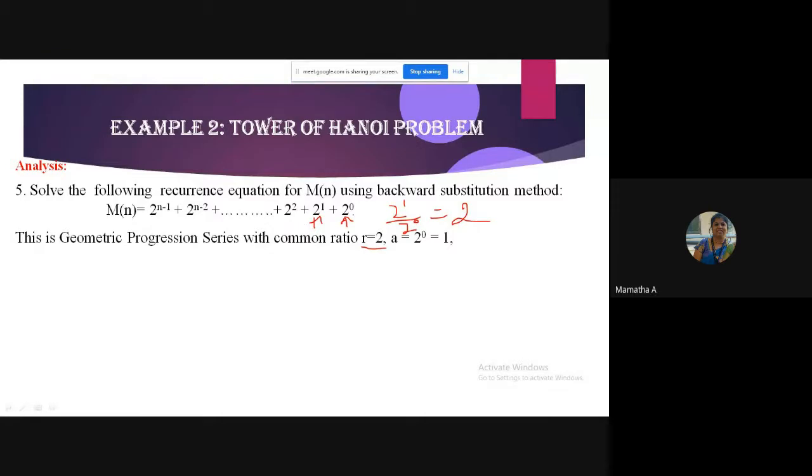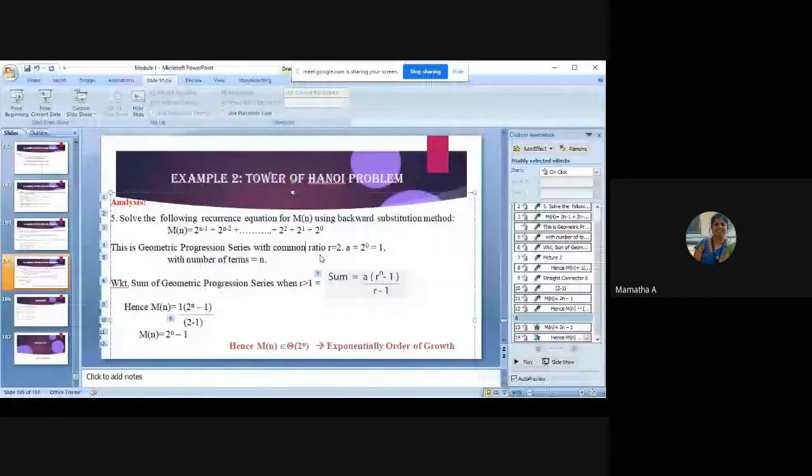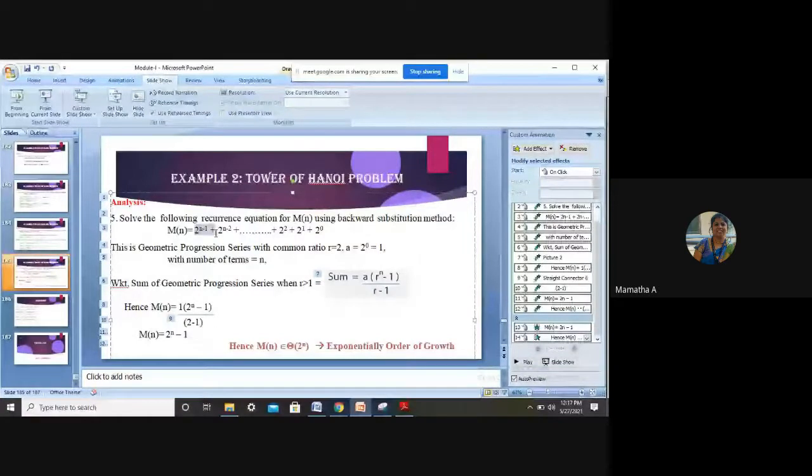What is the first term here? 2 power 0. Actually, you could add one more statement here. If you find it difficult, you just put it in the reversed way.